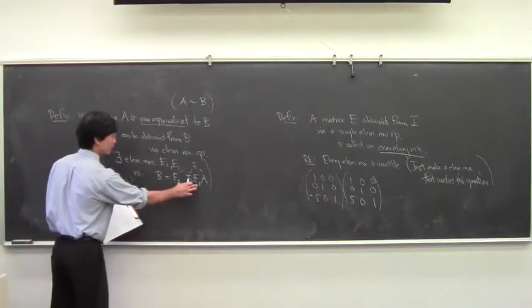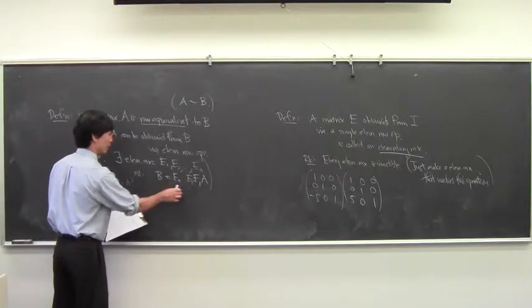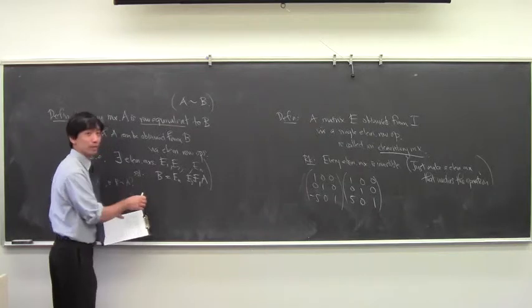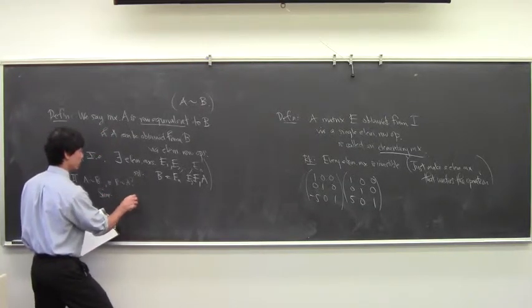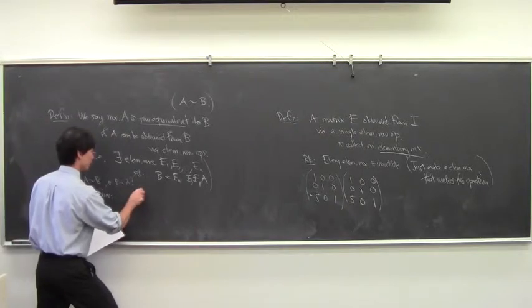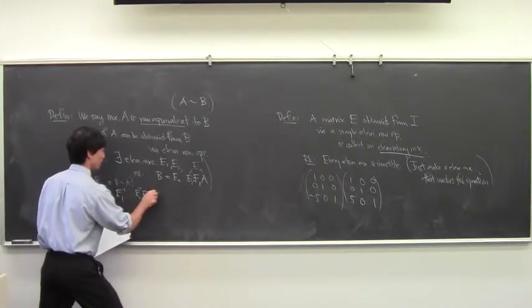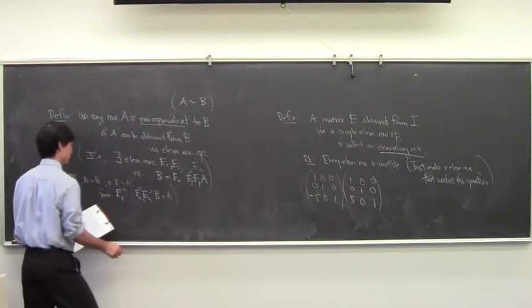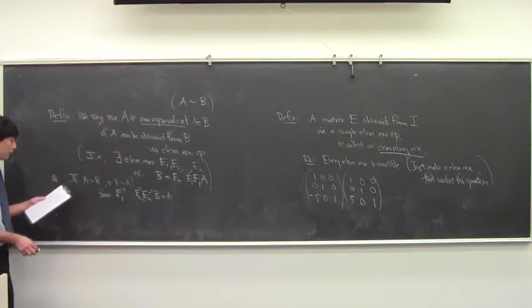So you just invert everybody and move them to the other side. En inverse, En minus 1 inverse, up to E1 inverse, B is A.